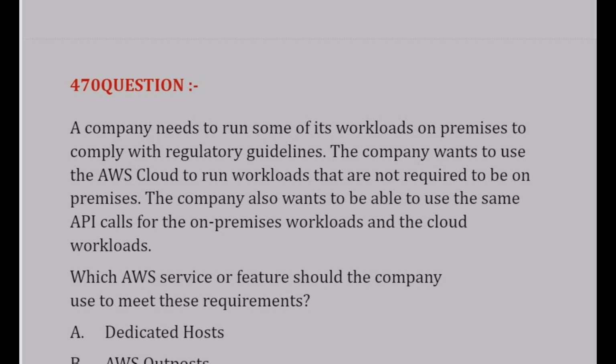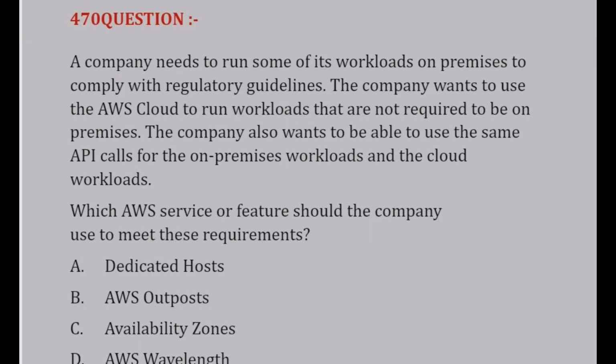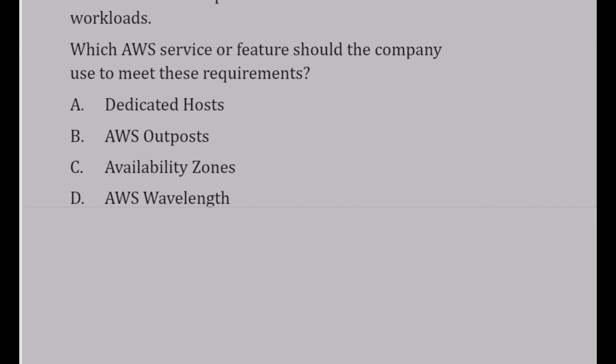Which AWS service or features should the company use to meet these requirements? Option A, Dedicated Hosts. Option B, AWS Outposts. Option C, Availability Zones. Option D, AWS Wavelength. Correct answer is option B.